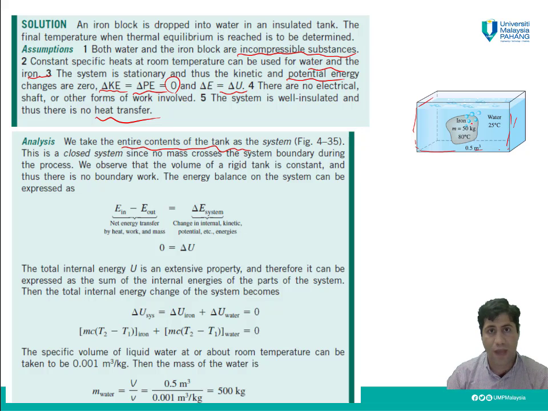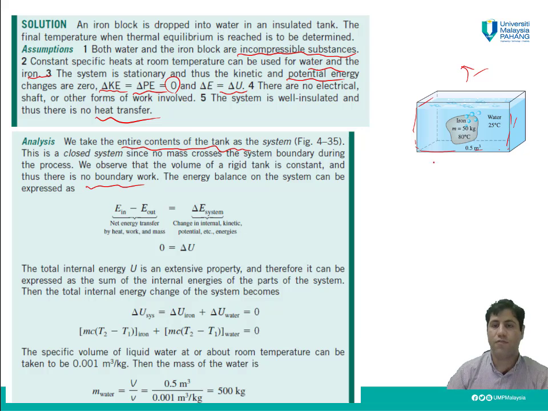In this system, we don't have any mass transfer between the system and the surroundings. In other words, what we have here is a closed system, with no mass transfer through the boundary of our system. And the volume is constant, so we have a constant volume process here and we don't have any boundary work.